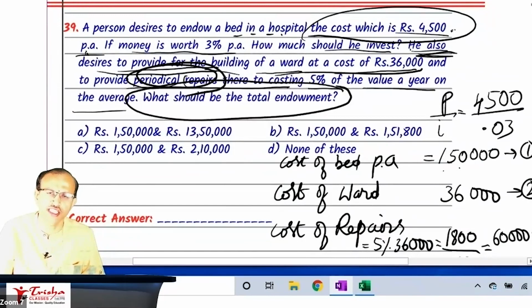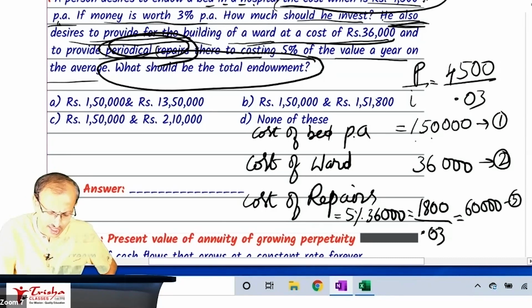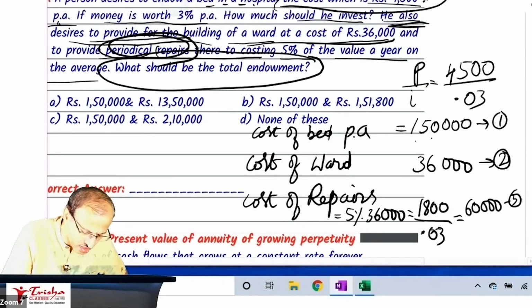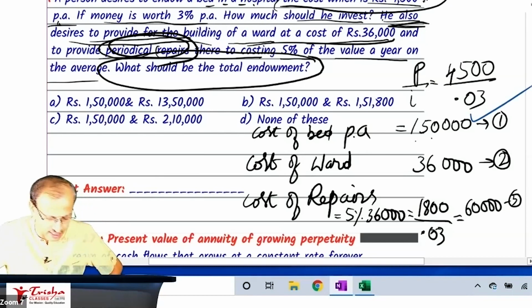That is not once, it is per annum. So if he wants to pay that cost of the bed, that means the patient bill every year, that is 4,500. How much money should you have today? Obviously, that is simple. 4,500 divided by 0.03, you got 1,50,000. Please let me know, are you clear with at least the first part of the working?